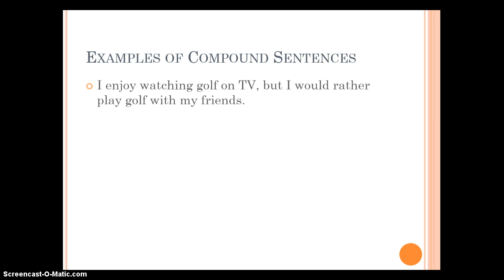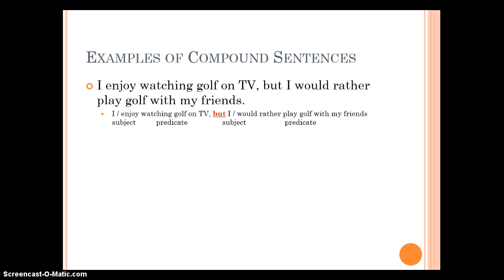Here are some examples. I enjoy watching golf on TV, but I would rather play golf with my friends. The coordinating conjunction there is but, so our sentence is subject I, predicate enjoy watching golf on TV, combined with the coordinating conjunction but, and then subject I, predicate would rather play golf with my friends.